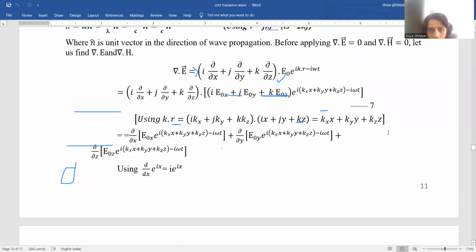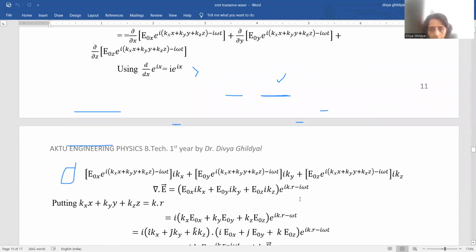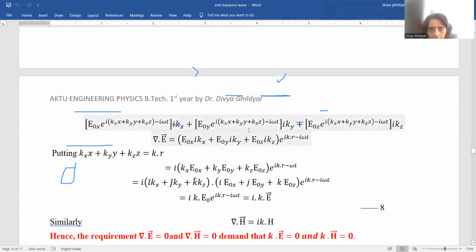Next step. Now we have opened it, put this value here. We know mathematically that d by dx of e to the power of ix is equal to i e to the power of ix. Putting all these step values here, which we have derived, the expression takes the form del dot E equal to E naught x i kx plus E naught y i ky plus E naught z i kz.